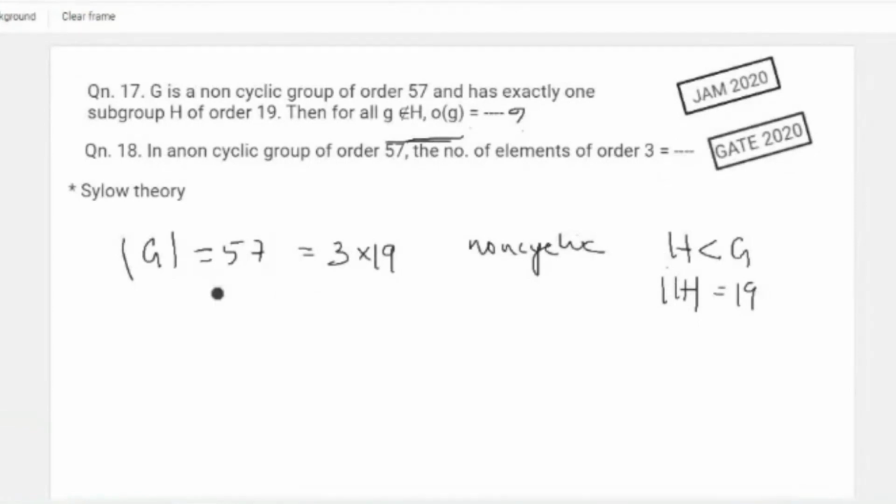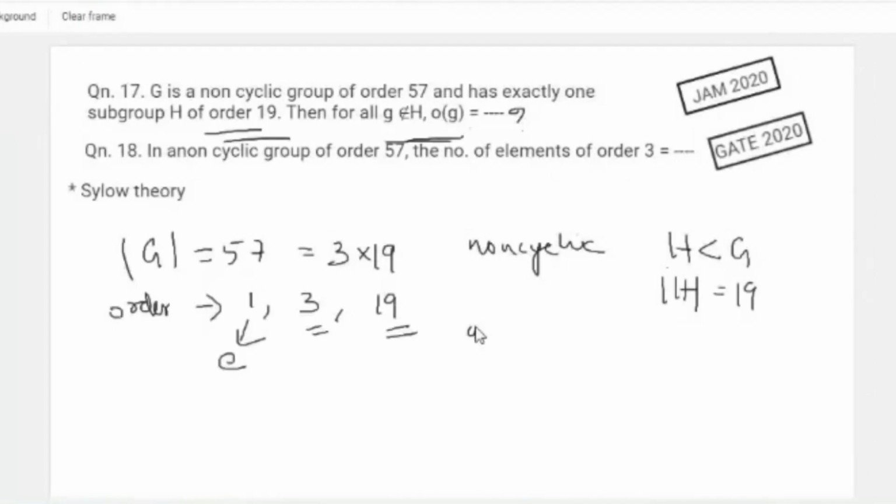The order of an element in G may be 1, 3, or 19. And it is not cyclic, so it cannot be 3 into 19. So the possible orders are 1, only for identity, or 3 or 19. Now, only one subgroup of order 19 is given.